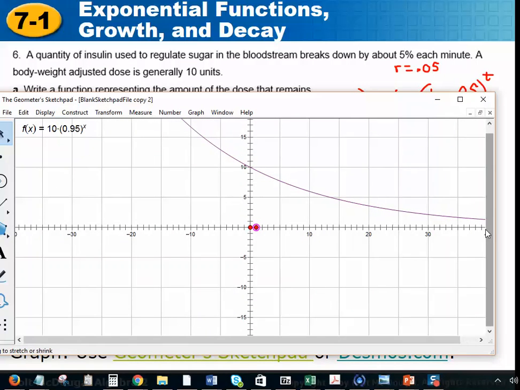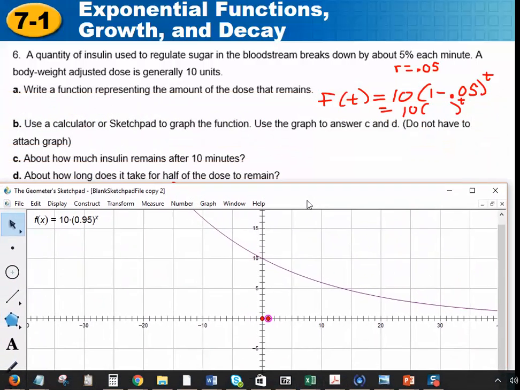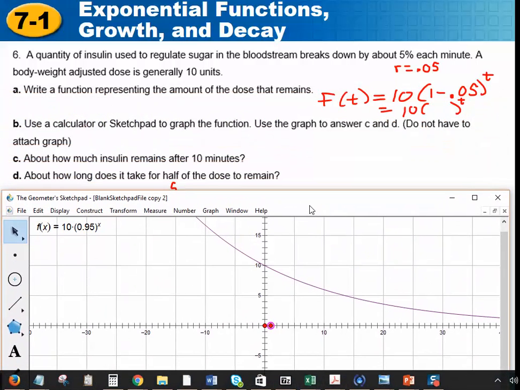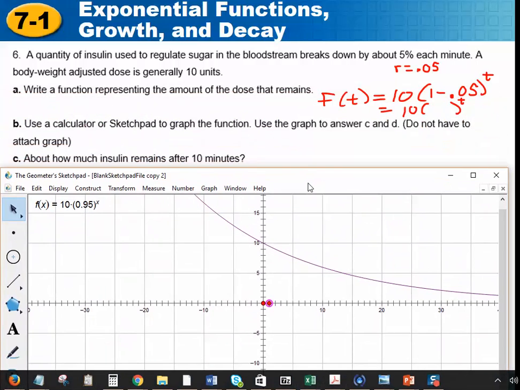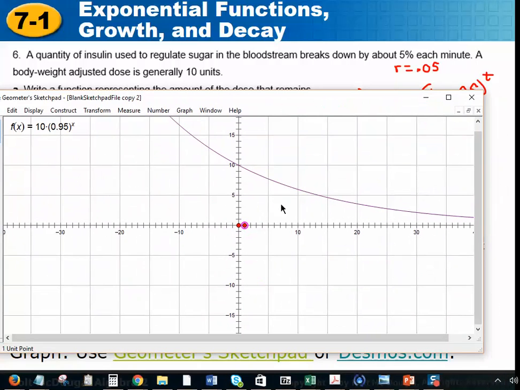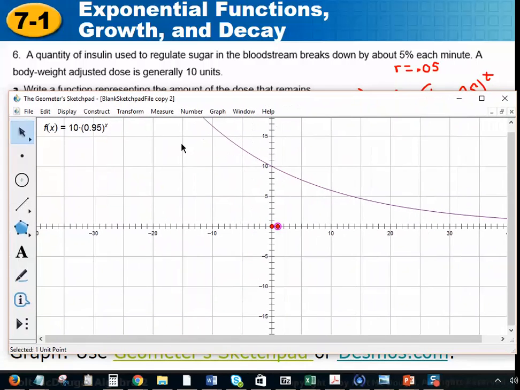So we have this graph here. Question C said, about how much insulin remains after 10 minutes? Well, that's when x, or t, is equal to 10. So that's right here. You could even grab the point tool and put a point at 10 and the intersection of the graph there.